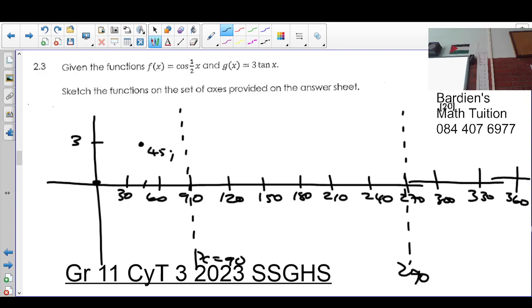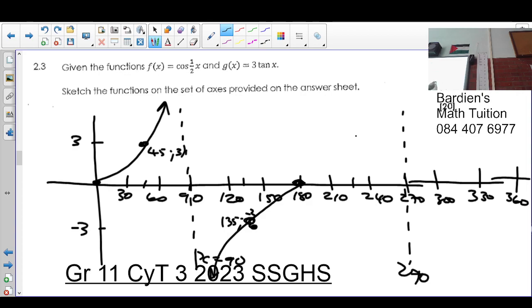So that's 45 and 3, at least one point on the graph. 180 is 0. 135 is minus 3, so 135 and minus 3. This you can do with a calculator. And then 225 and 3.